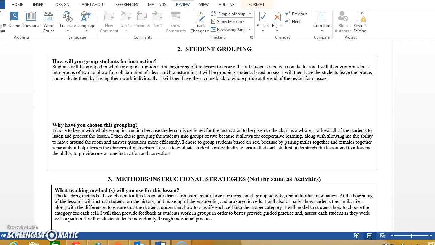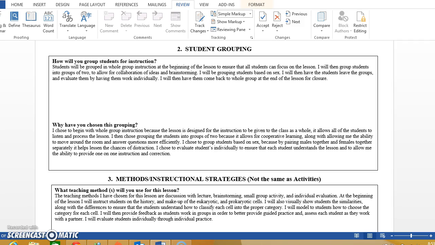Why have I chosen this grouping? I chose to begin with whole group instruction because the lesson is designed for the instruction to be given to the class as a whole. It allows the students to listen and process the lesson. I then chose grouping the students into groups of 2 because it allows for cooperative learning, along with allowing me the ability to move around the room and answer questions more efficiently.